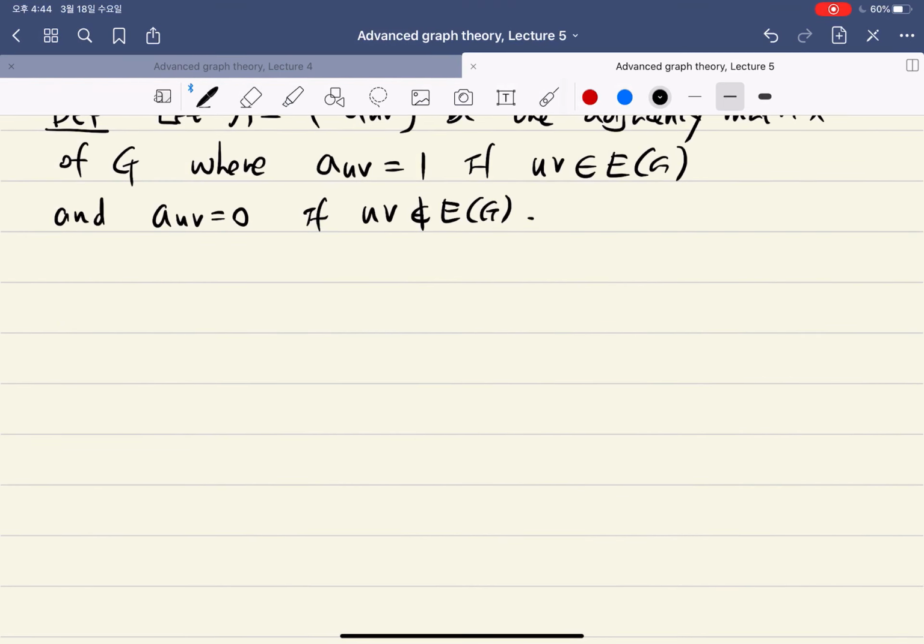Then by using the Bregman theorem, we can also find an upper bound on the number of perfect matchings in a general graph.